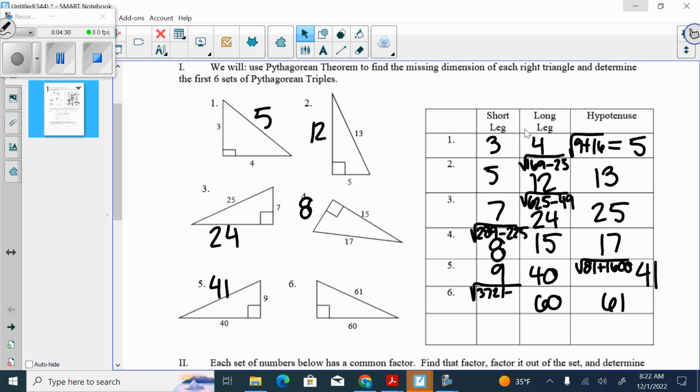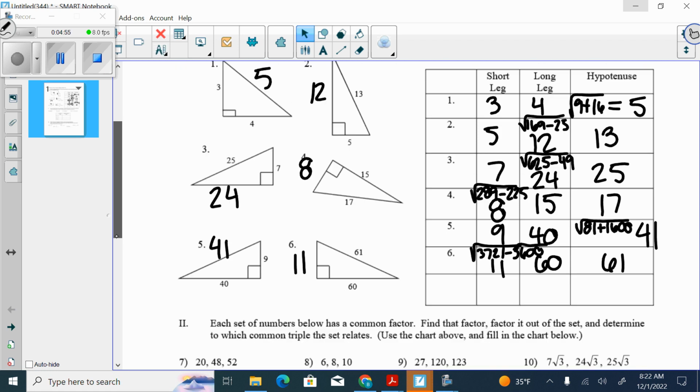Minus 60 squared, which is 3600, good. And when we subtract those and take the square root, we end up with what? Yes, and then the square root of 121 is 11, very good. All right, so we can use the Pythagorean theorem to find any of the missing sides in a right triangle, right? As long as we know 2 of them.